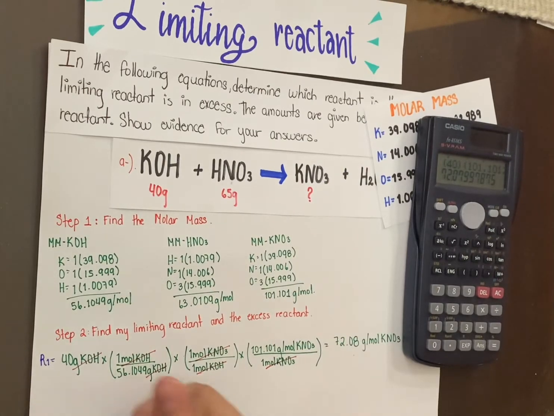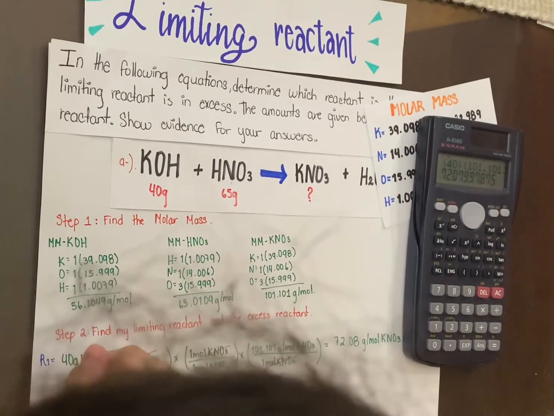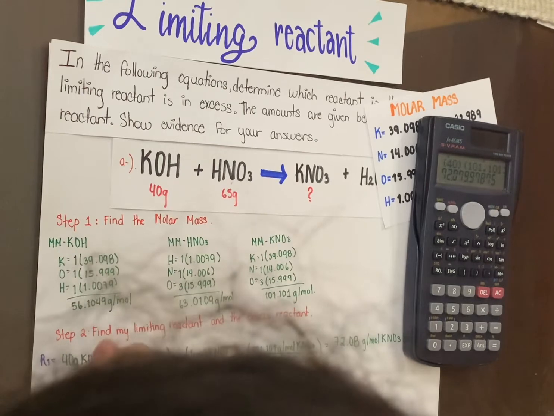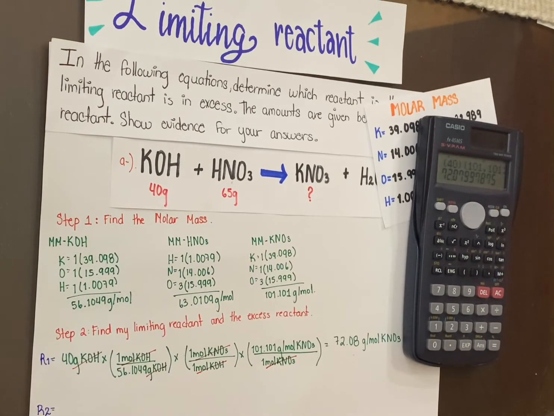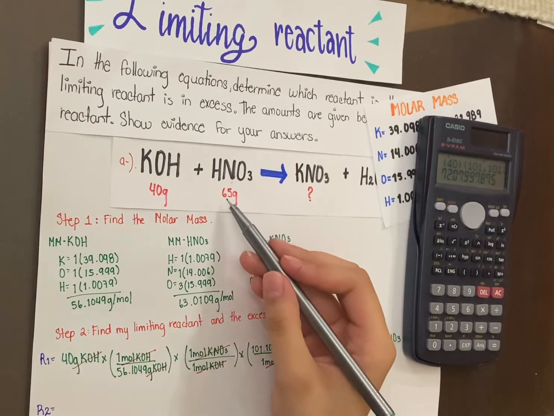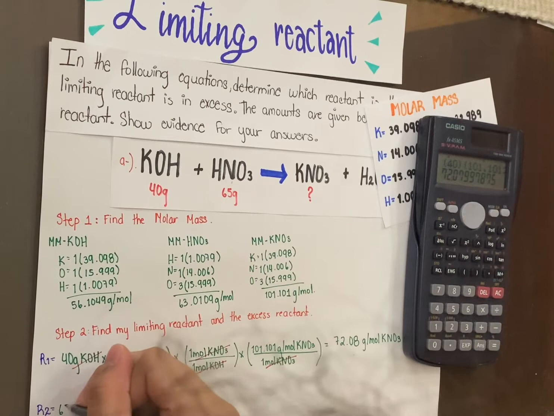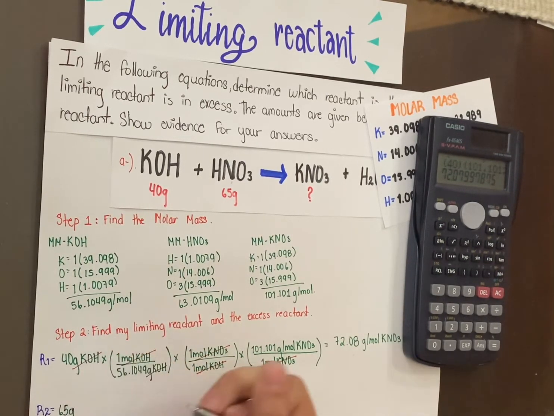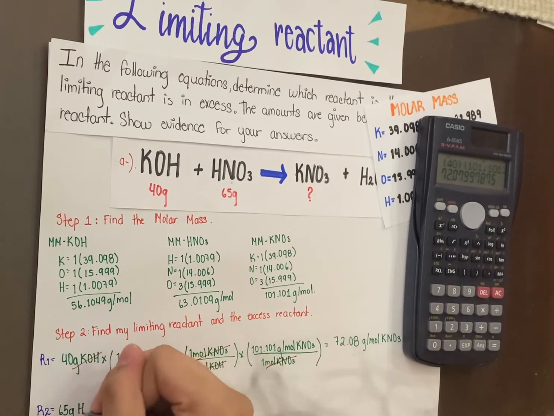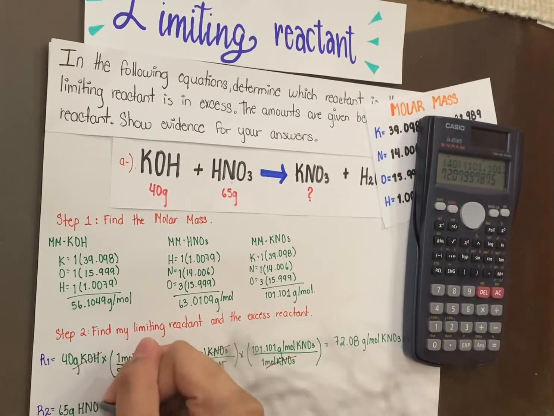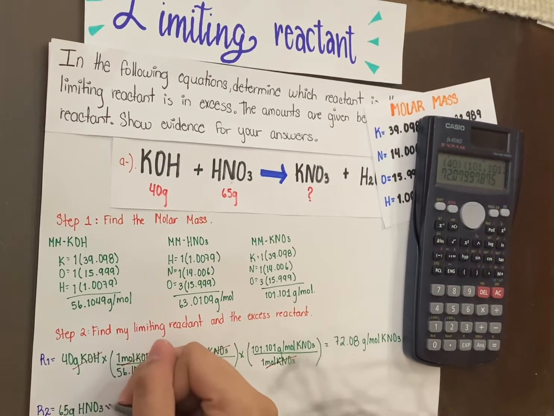Next we have the second reactant. Reactant number 2. So this says that it is 55 grams of hydrogen, nitrogen, and oxygen.